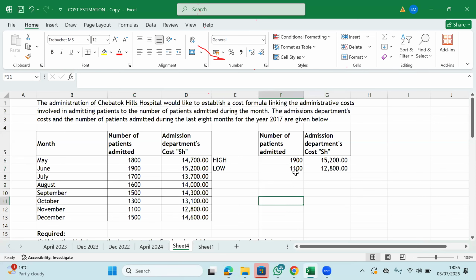So that's very important. What was our highest? And what was our least? Good. So I hope we all have that so that we proceed.